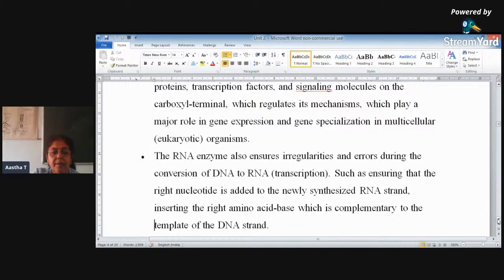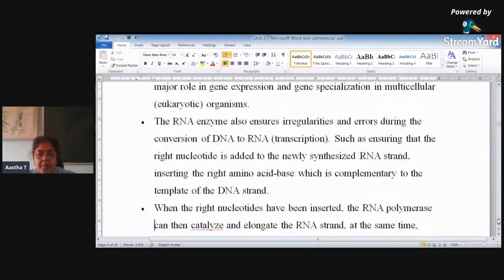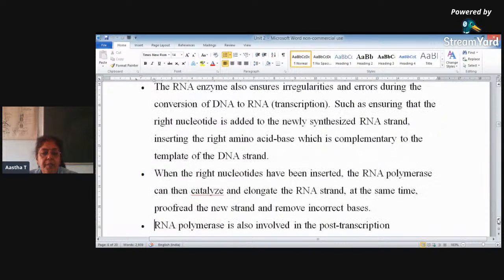सो एक्झॅक्ट अमायनो ॲसिड बेस असला पाहिजे, दॅट म्हणजे ते कॉम्बिनेशन असलं पाहिजे. एक्झॅक्ट बेस असेल तर एक्झॅक्ट अमायनो ॲसिड सिंथेसिस होऊ शकेल. दॅट विल हेल्प इन द सिंथेसिस ऑफ biologically normal protein. When the right nucleotides have been inserted, RNA polymerase can catalyze and elongate RNA strands.